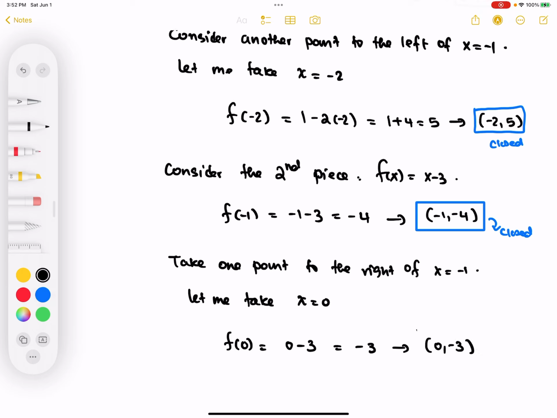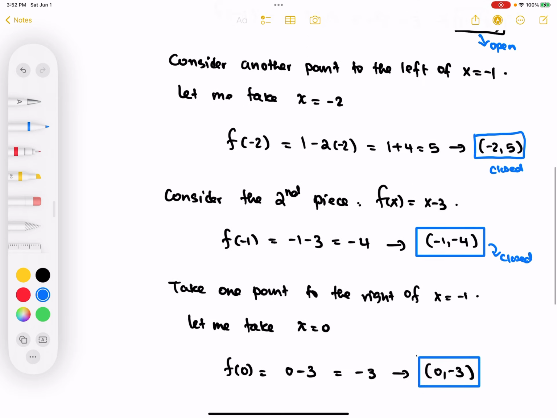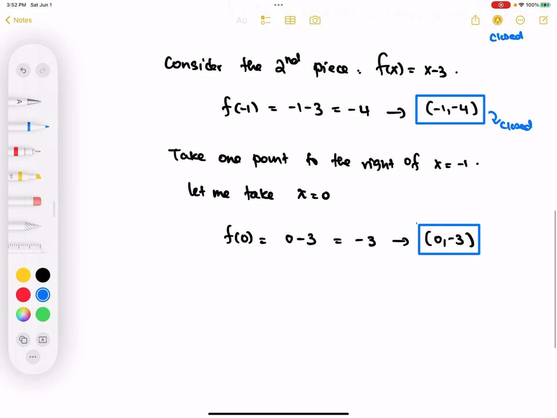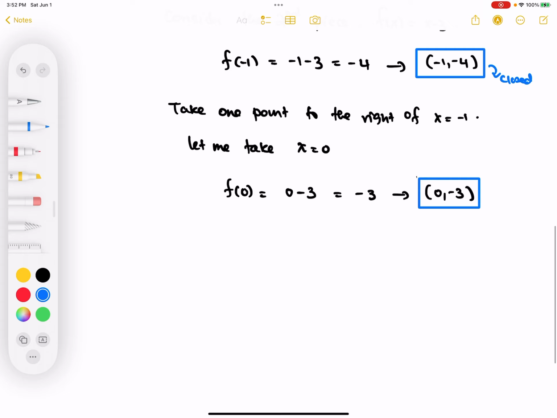Now I have to join these points, but I have to be careful when I join them. Remember, for the first piece we have negative 1, 3, negative 2, 5, and so on. The second one is negative 1, negative 4, and 0, negative 3. So this is the x, this is the y.